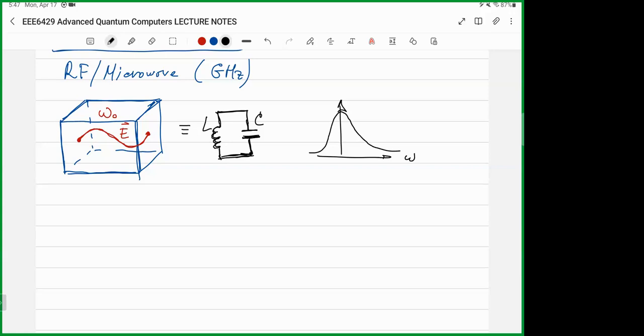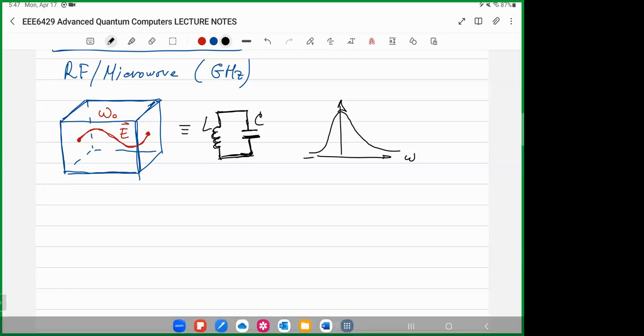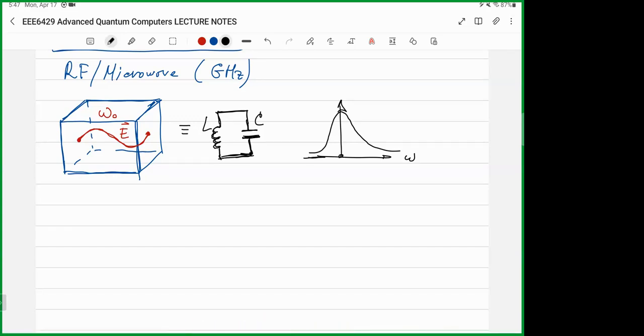Because the capacitor stores the electric part of the energy of the field, the inductor stores the magnetic part of the field, and when you connect them in a single system, you get this oscillation of the electric energy into magnetic energy and vice versa. And at some frequency you get the resonant behavior. And the same happens basically in the metallic cavity.